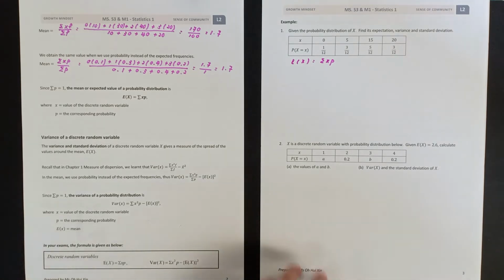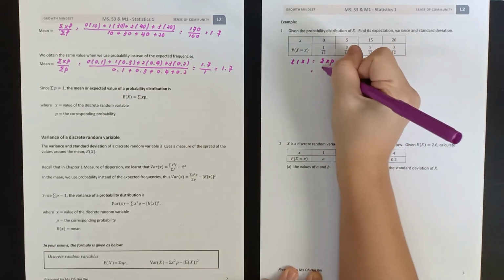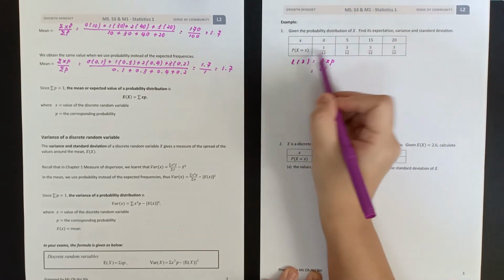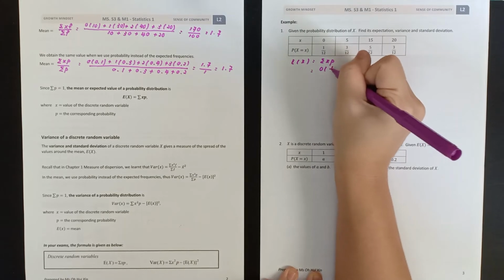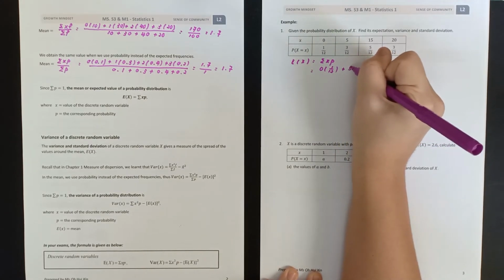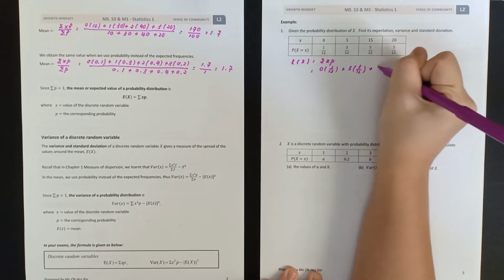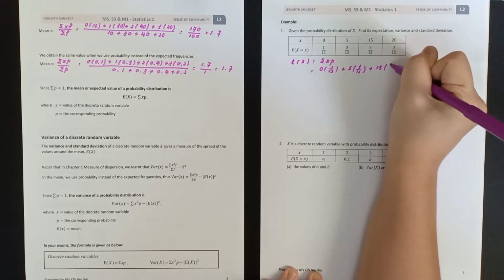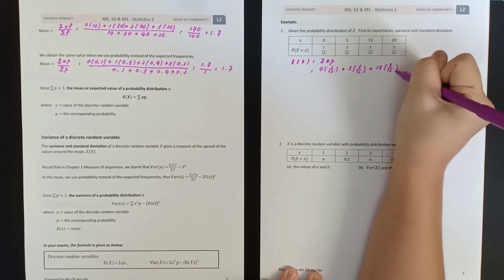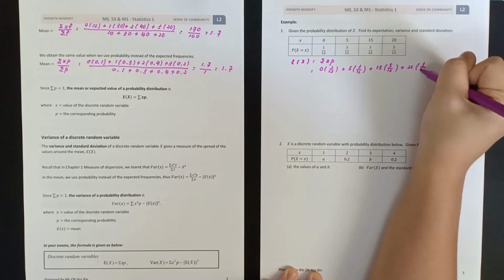Basically, the first one, I have 0 times the respective probability, which is 1 over 12, plus the second one, 5 times 3 over 12, and then plus 15 times 5 over 12, and then plus 20 times 3 over 12.